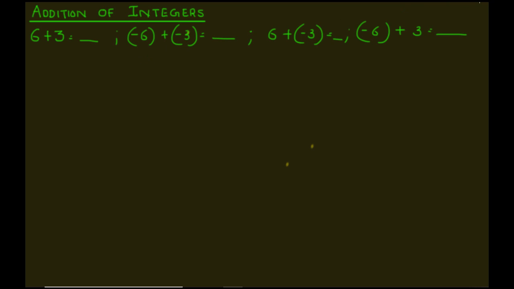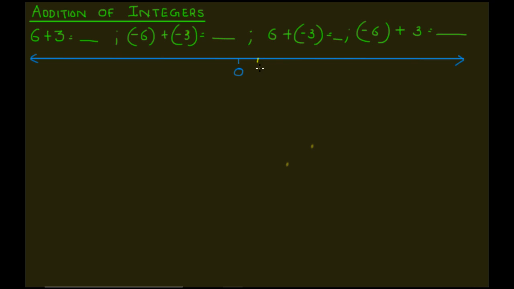So let me draw the number line first for you. To solve the first one, that is positive 6 plus positive 3. So here is our number line, and as we all know, we have the 0, which is neither positive nor negative.